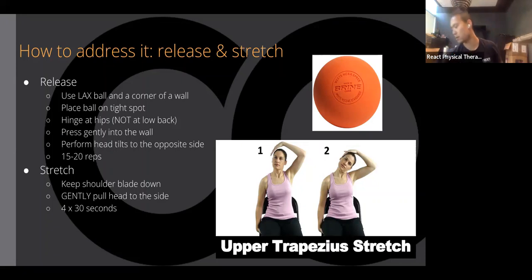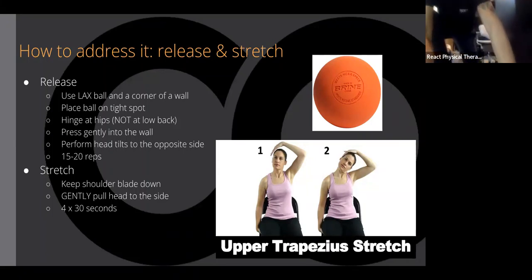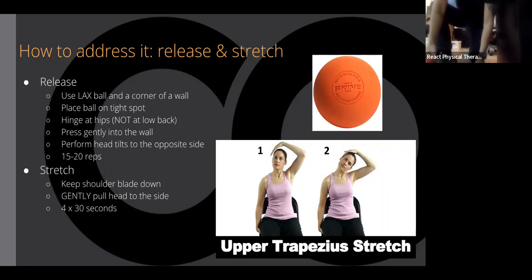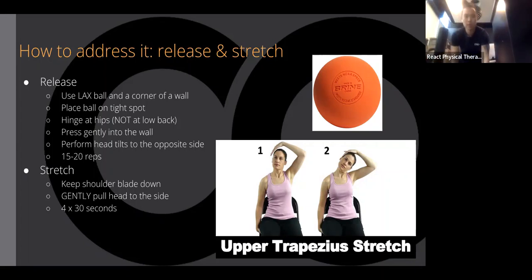So let me demo this. Ideally, you'd have some kind of corner. I don't think I have a good corner wall here, but I do have this desk. So you can kneel, or you can stand and hinge.